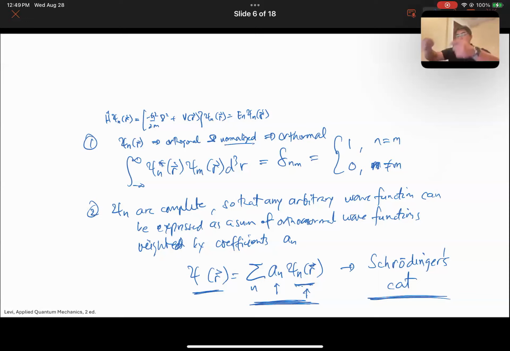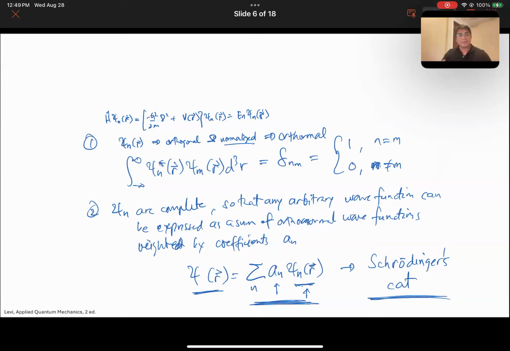When you open the box, you see that the cat is dead. So by doing a measurement, you push the situation towards a specific state. In this case, in the second measurement, the cat is dead.